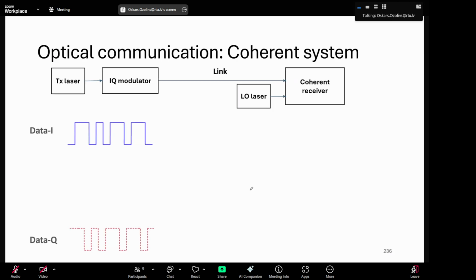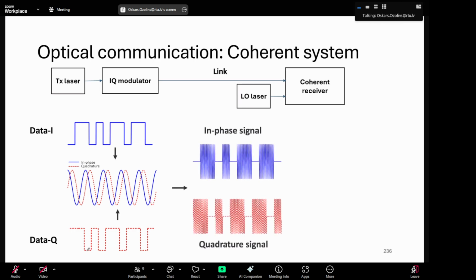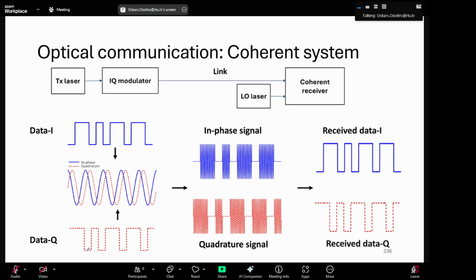What we have here is I and Q data. It's one non-return-to-zero signal and another non-return-to-zero signal. They are shifted by 90 degrees because you need to have I and Q, in phase and quadrature. When we modulate, we have in-phase and quadrature signals, so we have two signals, and then we can recover I data and Q data.